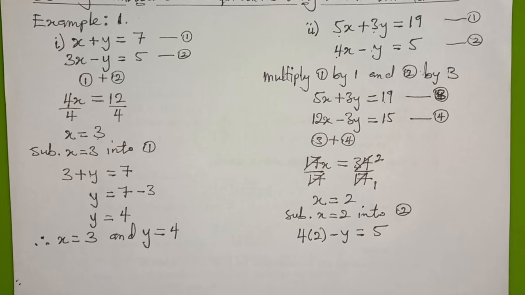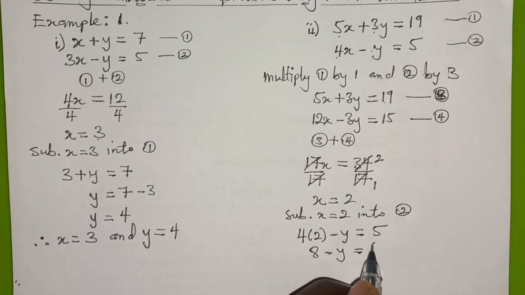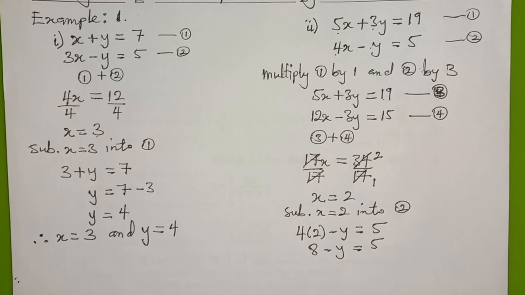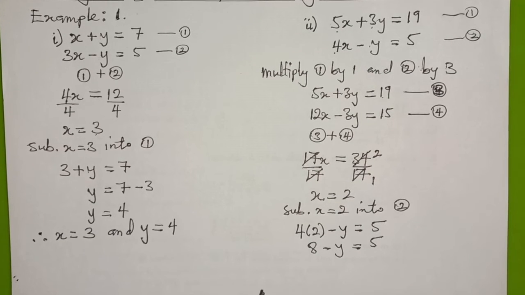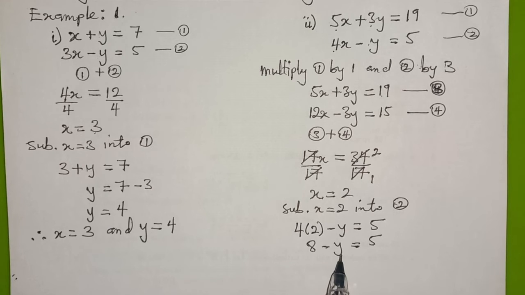Then the next thing that we need to do is to multiply. 4 times 2 is 8, minus y equals 5. All right. What we need to do here is to send the negative across. So this will become 8 minus 5 equals y.